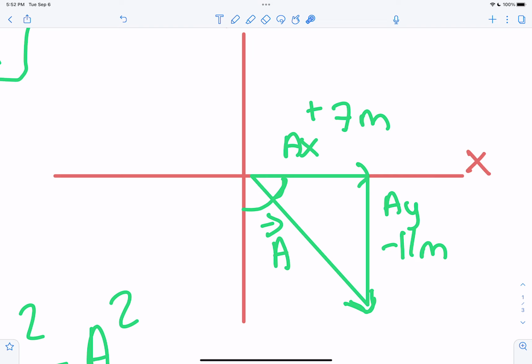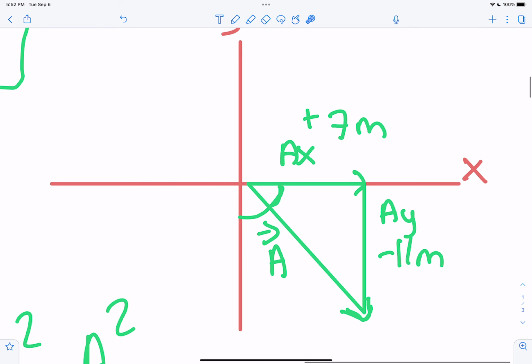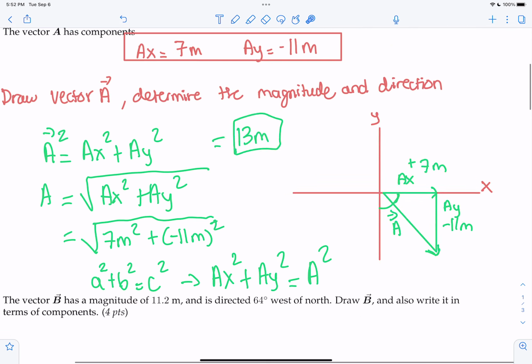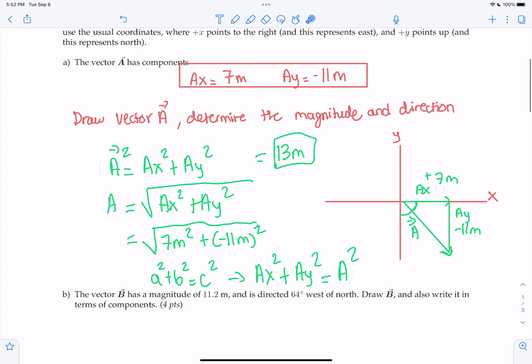Your angle has to match up with the cardinal direction. You have to say this is 60 degrees east of south. This would be 30 degrees south of east. So you have to make sure your angles match up with your directions. That being said, anybody want to suggest an angle that we should calculate? Doesn't really matter, like I said. We'll just go by popular vote.